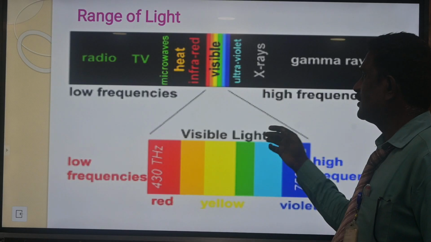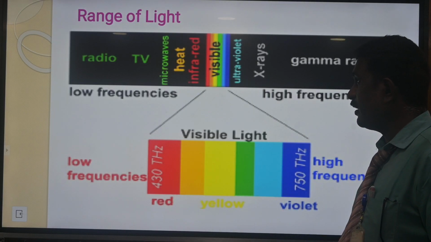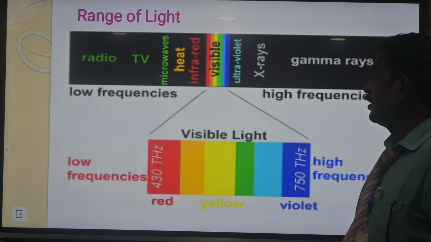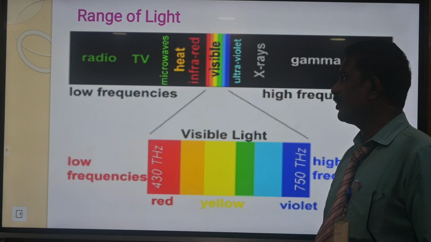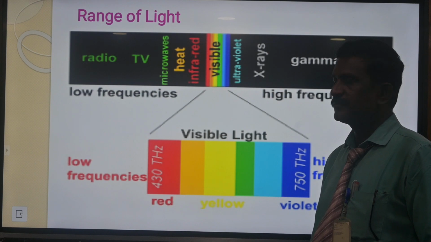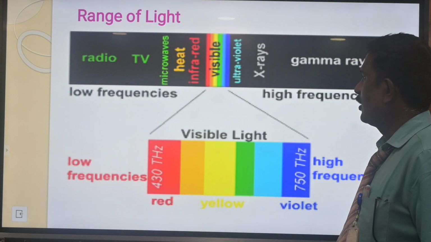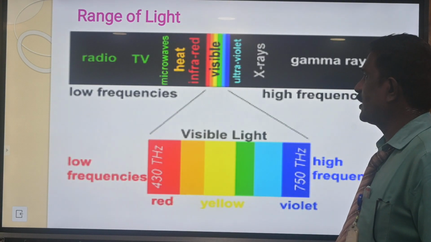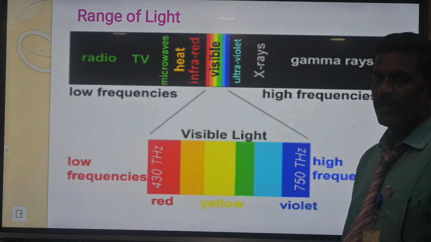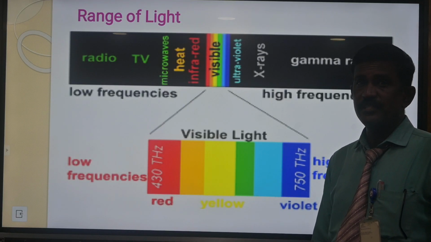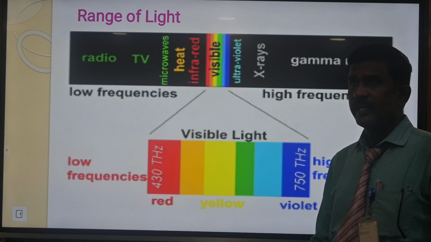So what you are seeing in this slide is the entire range of electromagnetic radiation, which starts from the low frequency radio waves and then microwave, and after microwave the next higher frequency light is infrared, and then we have the visible region, which we are able to sense.